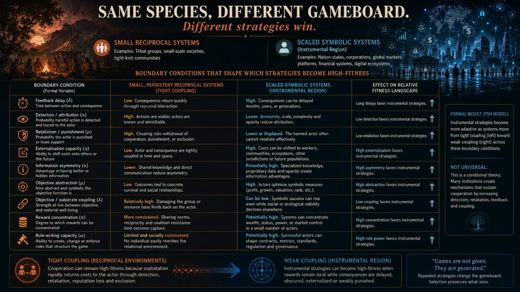So let's take exploitation as a strategy. In a tightly coupled tribal group, suppose I capture 10 units of reward by cheating you or exploiting you. If there's a high probability you'll identify me, future interaction is likely, reputation propagates through the group, and exclusion threatens my own survival, then my apparent 10-unit gain carries a large expected future penalty, meaning exploitation is quite expensive.